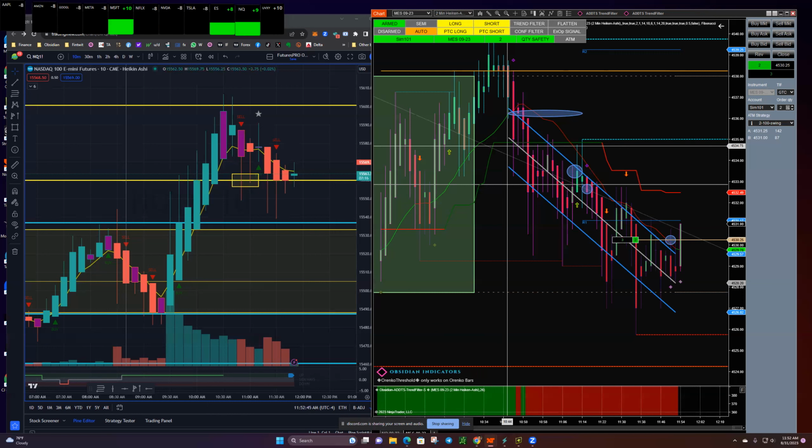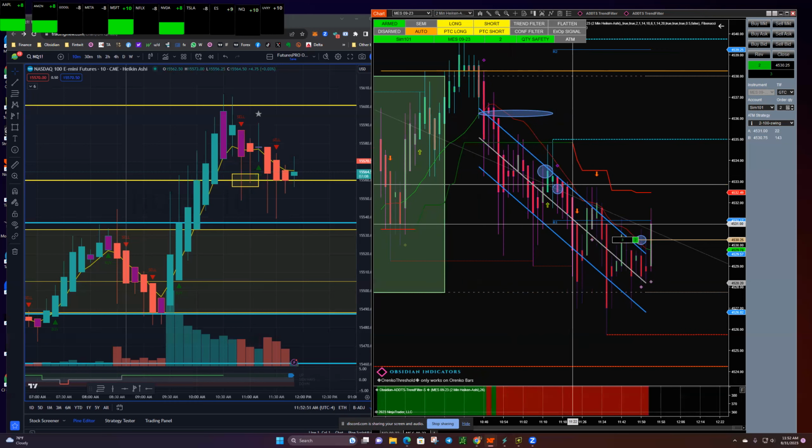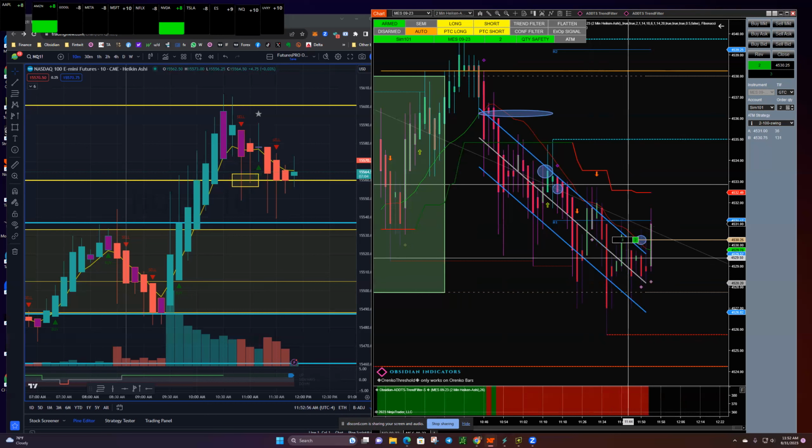Unconfirmed bullish PTC signal. So this is working out. We are on an ES trade, and so far it's working out. It's bouncing off.